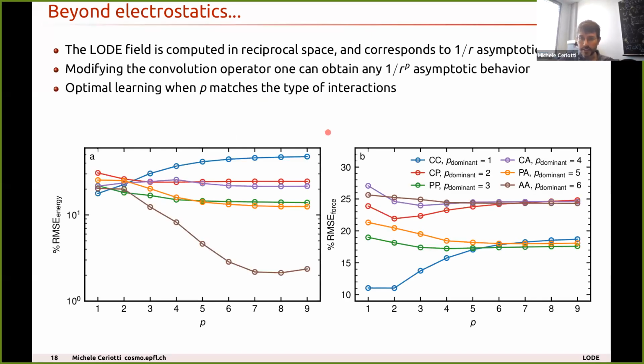By doing this, you can learn different types of interactions more efficiently. So for example, you can learn the interaction between apolar molecules, interactions that are driven by 1 over r to the 6 dispersion. But if you use a descriptor that has an intrinsic 1 over r to the 6 behavior, you are much more efficient than if you use a descriptor that has a 1 over r dependency.